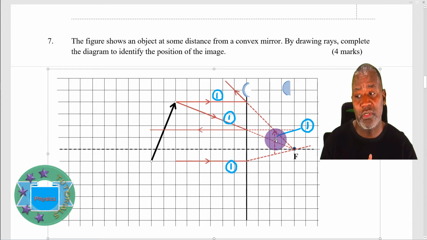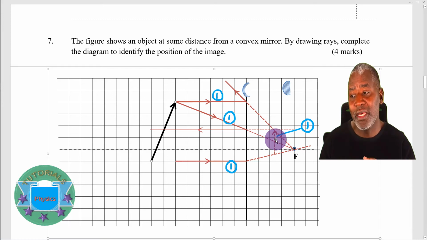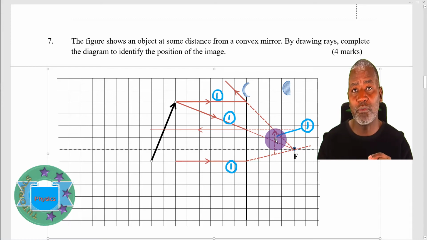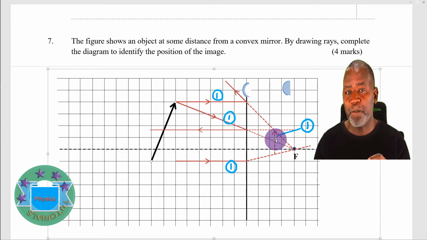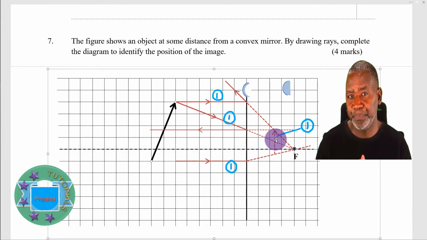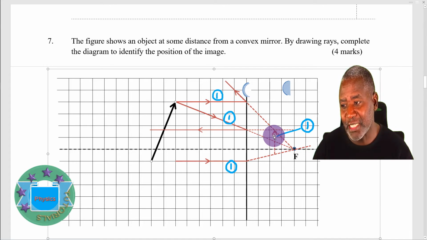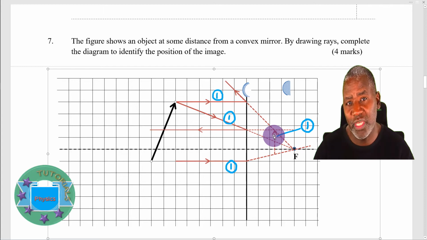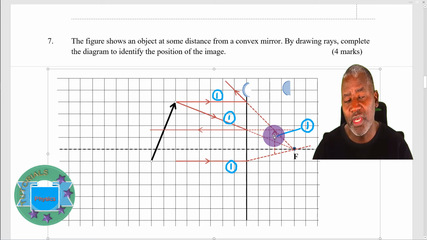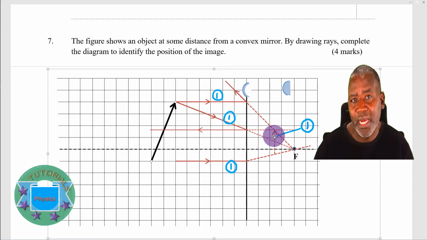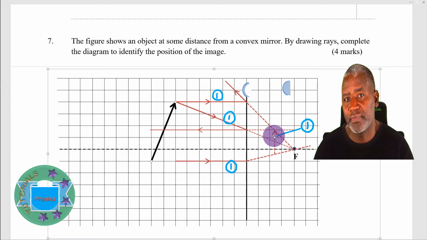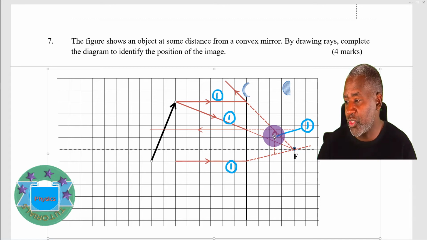When we dot the image, it shows that it has been formed by the intersection of virtual rays. So the image itself must be virtual. What is a virtual image? A virtual image cannot be picked up on a screen, but a real image can be picked up on a screen. So that is how you identify those two.